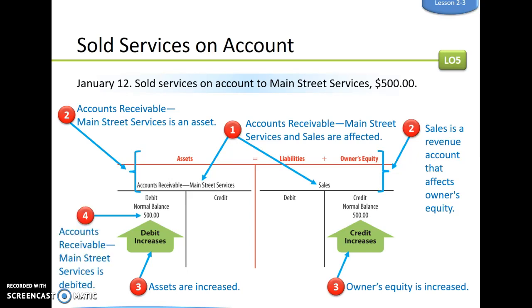Accounts receivable Main Street Services is debited, and sales is credited. So once again, when they're on opposite sides of the equation, they both go in the same direction. Debit side increases for assets, credit side increases for owner's equity.